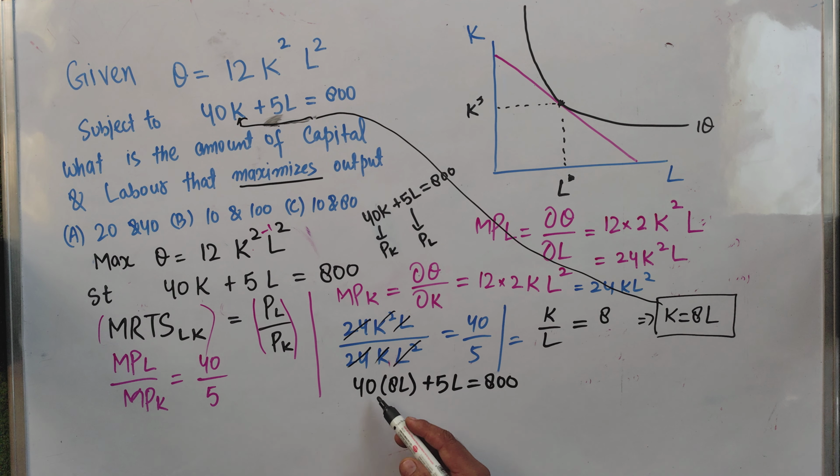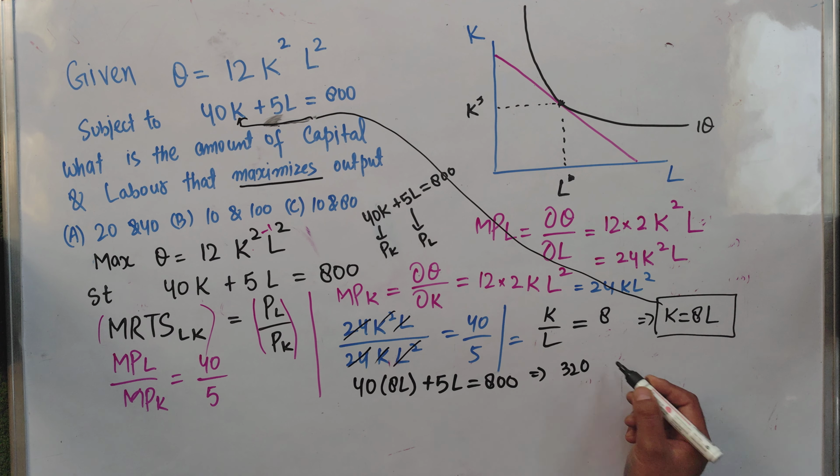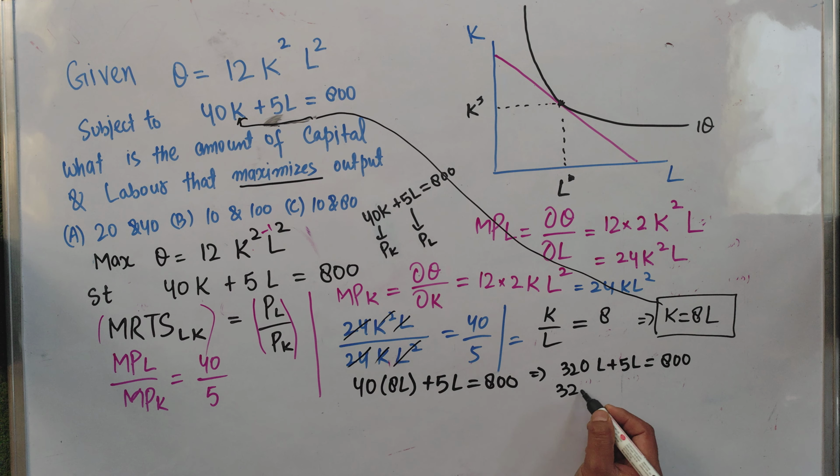Let us solve it. 8 zeros are 0, 8 fours are 32. I guess I am doing it correctly. So 320L plus 5L equals 800. So this is 325L = 800. Solving further.